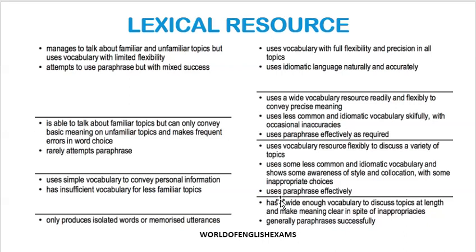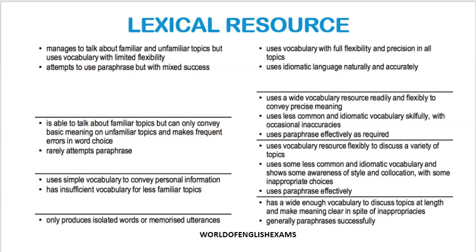Band 6 paraphrases effectively. Band 7 paraphrases effectively as required. You can see the band score is going on increasing with the amount of paraphrasing that you do. The more you paraphrase, the better are your chances to get an 8 or above.